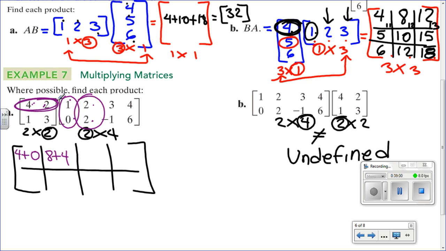Then first row, third column. 4 times 3, 12. 2 times -1, -2. Then first row, fourth column. 4 times 4, 16. 2 times 6, 12.